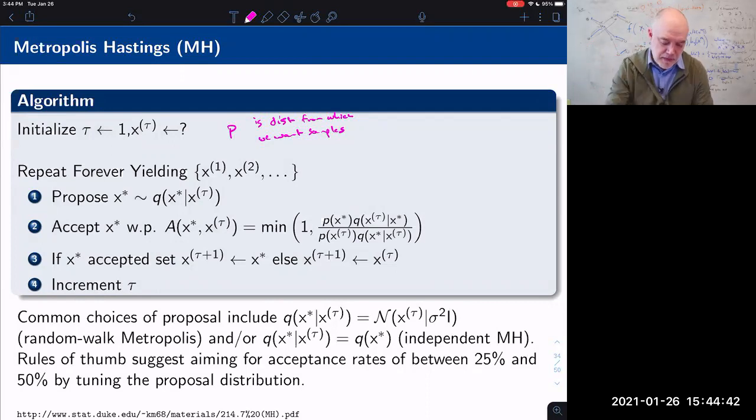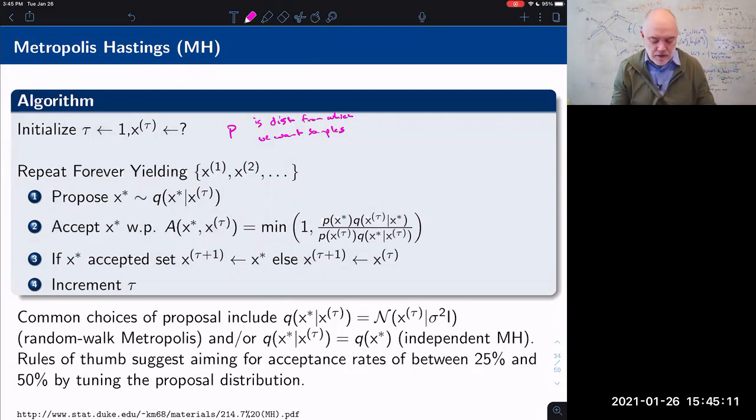That is something that you can definitely bake into your inference algorithms. Okay. So what Metropolis Hastings does is it proposes from some proposal distribution Q, and we'll talk about what that is in just a second. We propose from some proposal distribution, which modifies your parameter vector or state vector X in the space of X in some way, making an X star.